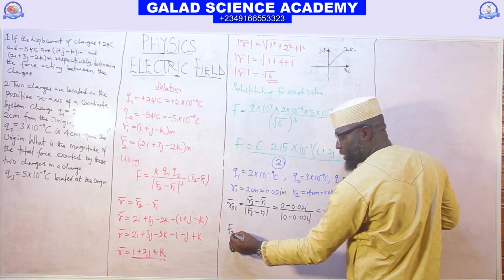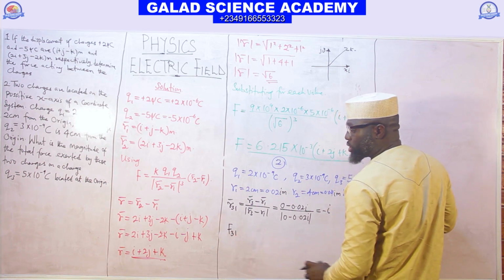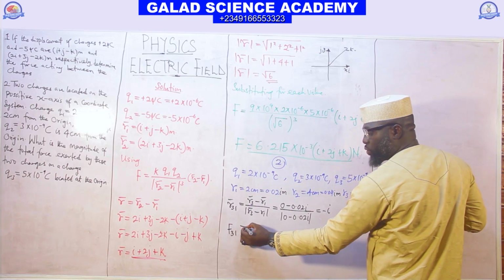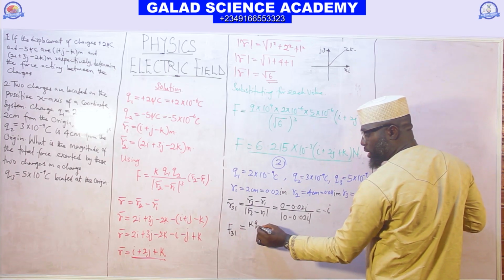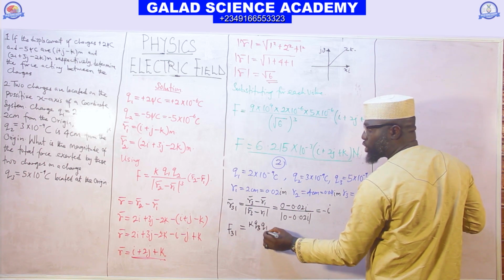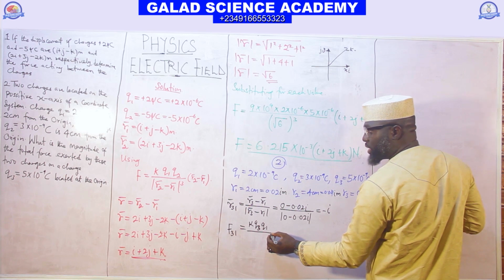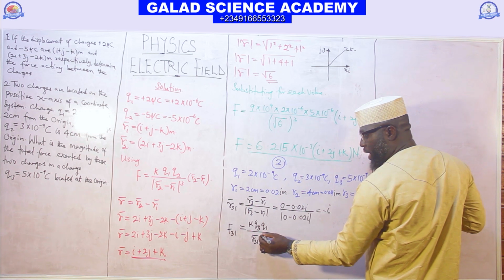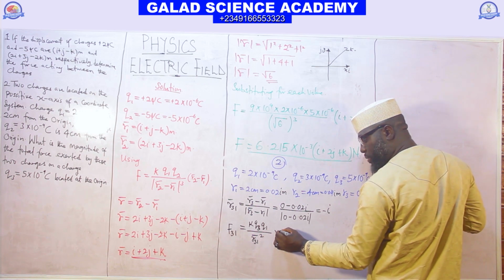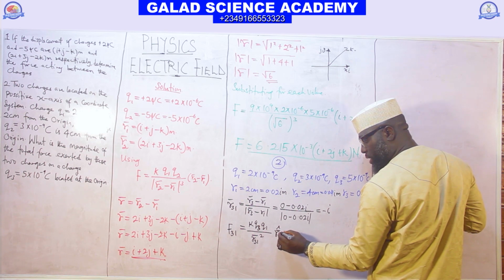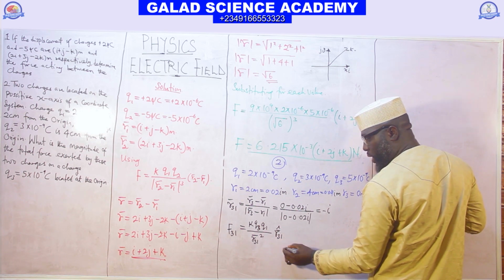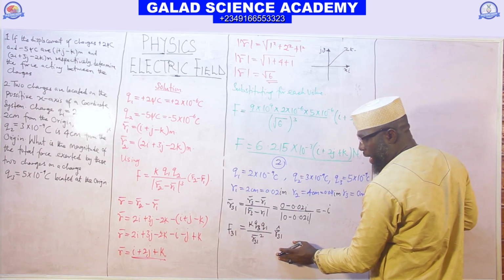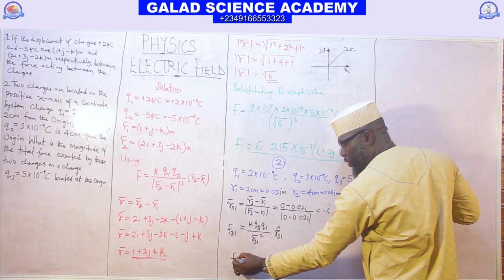The force exerted by the first charge on the third charge. The first charge will be Q1 and the third Q3, so Q1 over everything is the displacement R31, everything squared, into the displacement unit of 31.